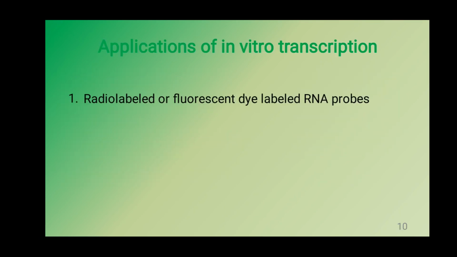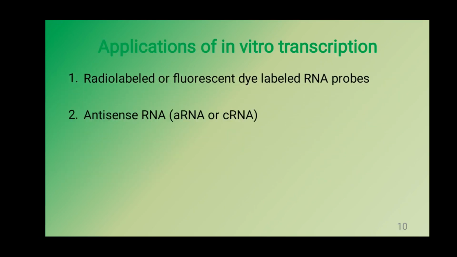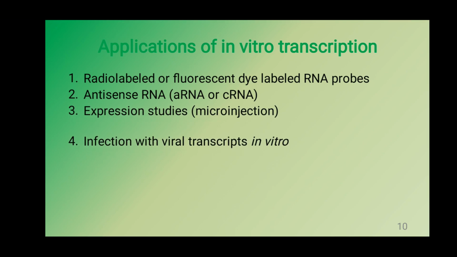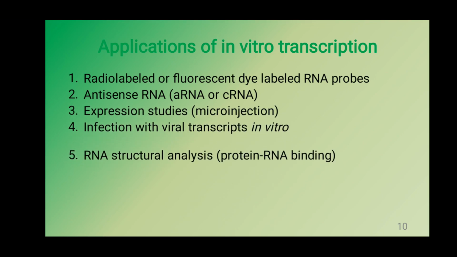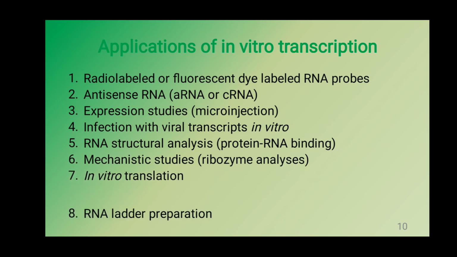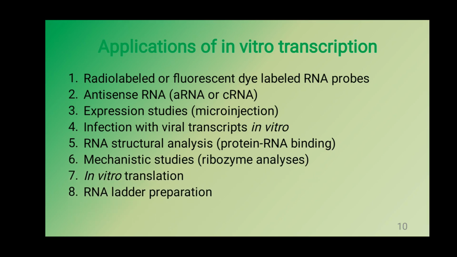Now we will see the applications and uses of in vitro transcription. In vitro transcription is highly helpful for developing radiolabeled or fluorescent-conjugated RNA probes, which are used in northern blot and several other applications. Antisense RNA, known as aRNA, or complementary RNA, cRNA, and mRNA are used in expression studies through microinjection inside the cell.